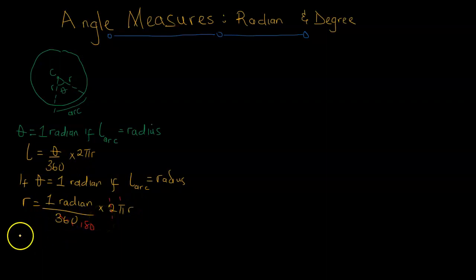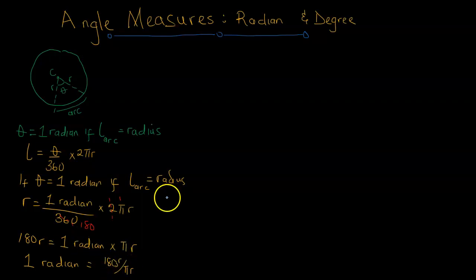I can cross multiply and obtain 180R equals 1 radian times pi r. Now to make 1 radian the subject, 1 radian is going to be equal to 180R divided by pi r. All I've just done here is to divide both sides by pi r.